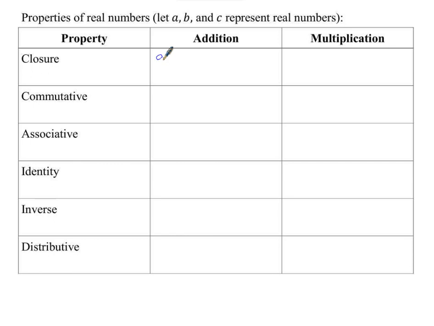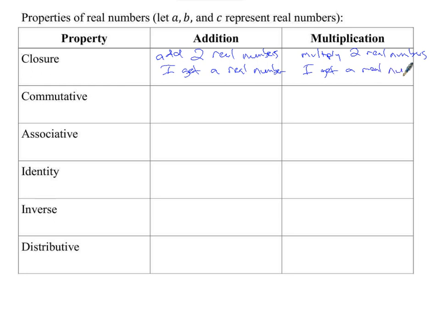So if I add two real numbers, I get a real number. For multiplication, if I multiply two real numbers, I get a real number. That's all we mean by closure.